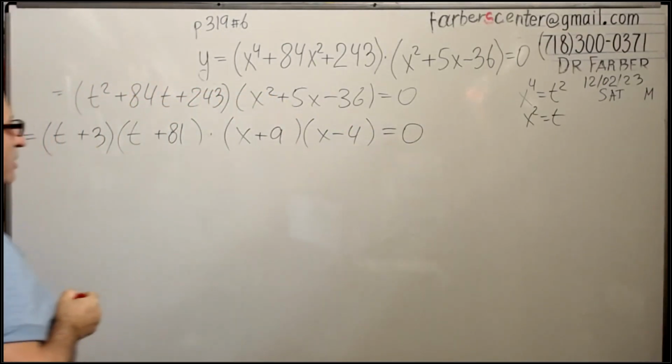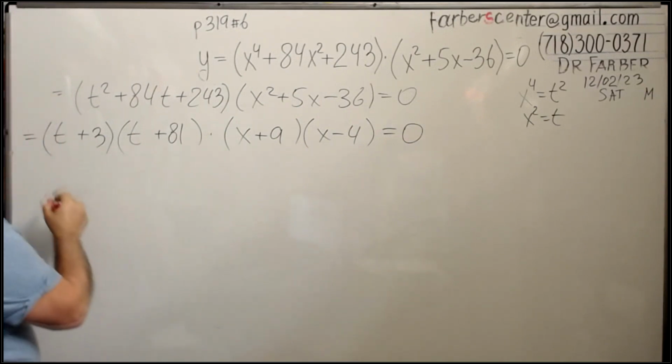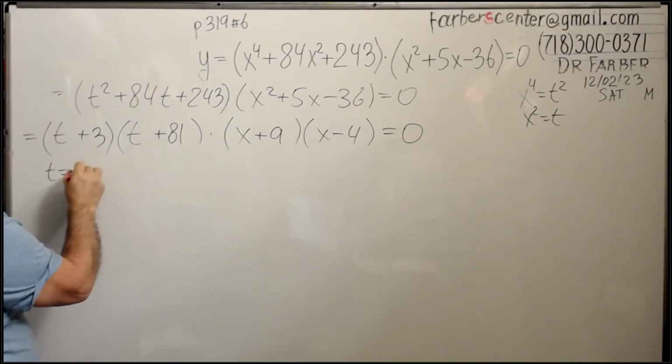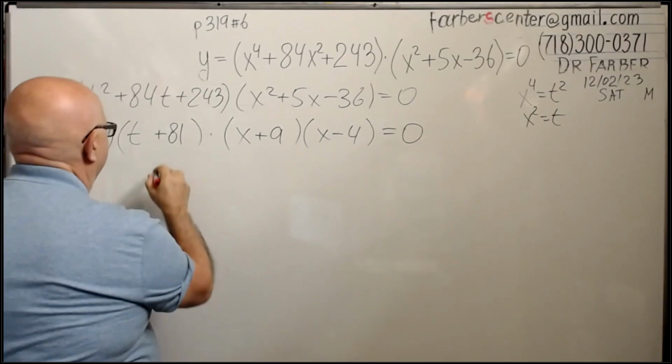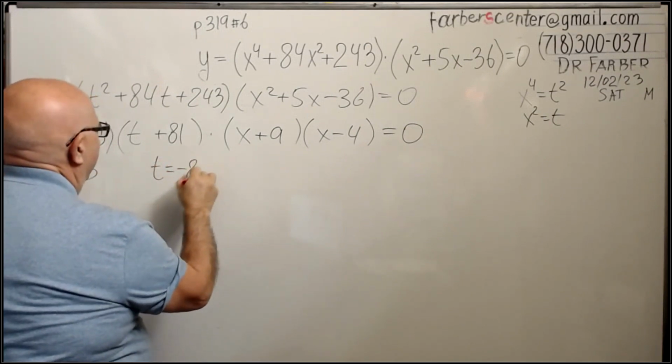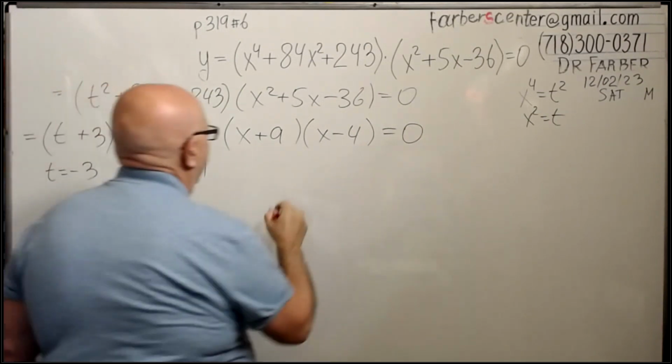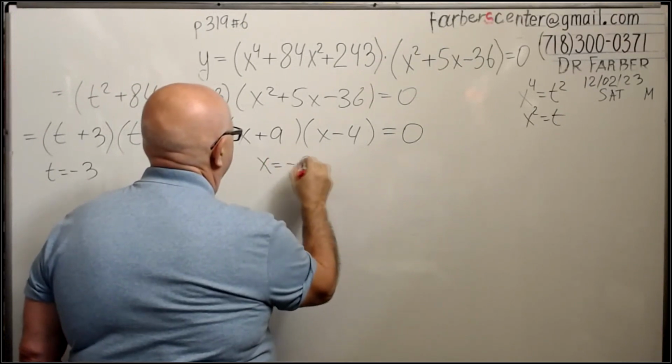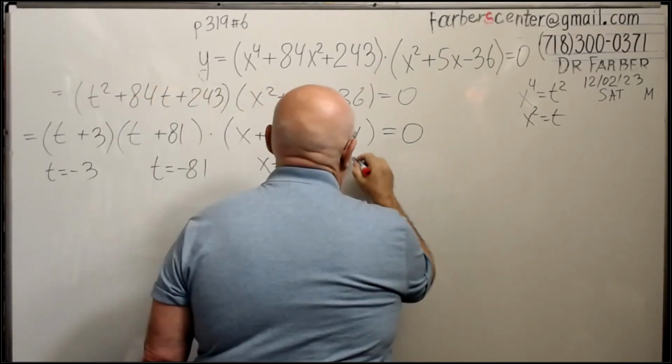After factorization, either t equals negative 3 or t equals negative 81, or x equals negative 9 or x equals 4.